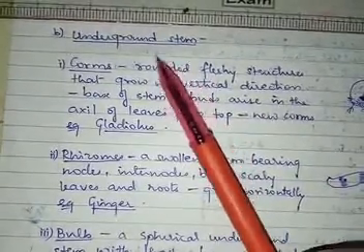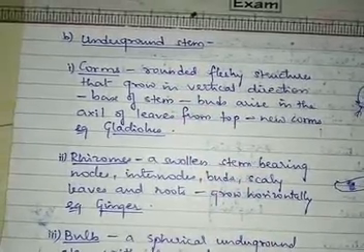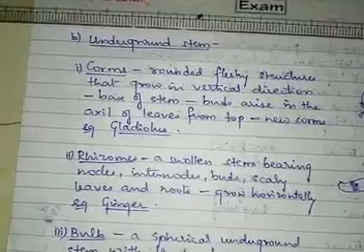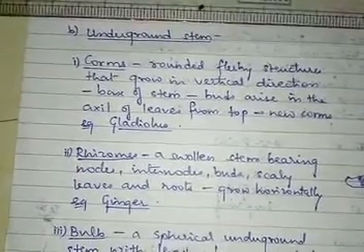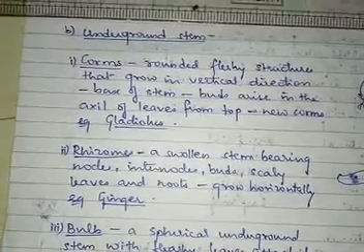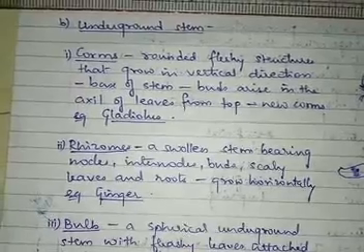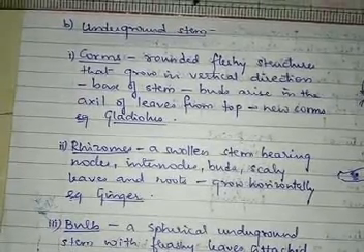When we talk about underground stems, there are various types like the corm, rhizome, bulb, tuber, and all these structures are very important to the plants because they carry out two important functions. One, they carry out the process of vegetative reproduction.